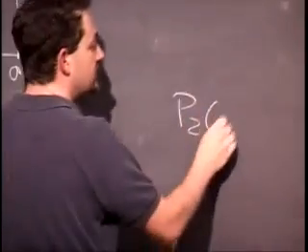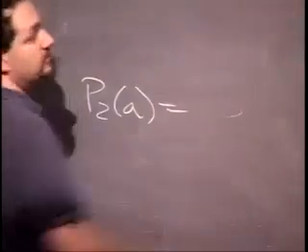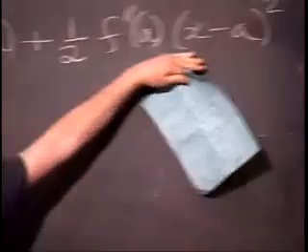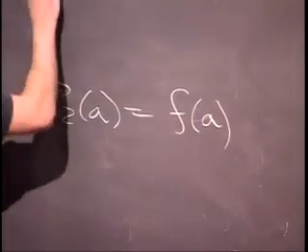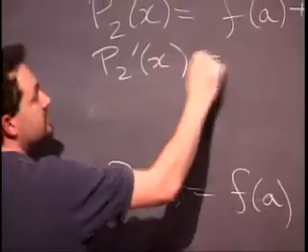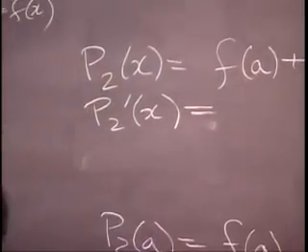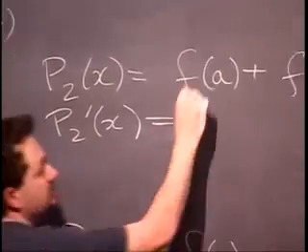What do I get? Let's just do it down here. I'll save myself a little space. P2 of a. I plug in a. What happens? This term goes away. This term goes away. I get f of a. What about the derivative? Let's take the derivative. a is constant, so this goes away.